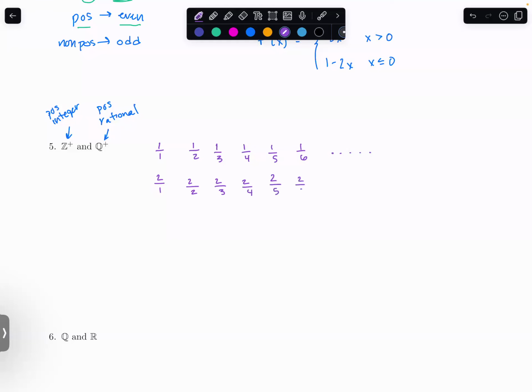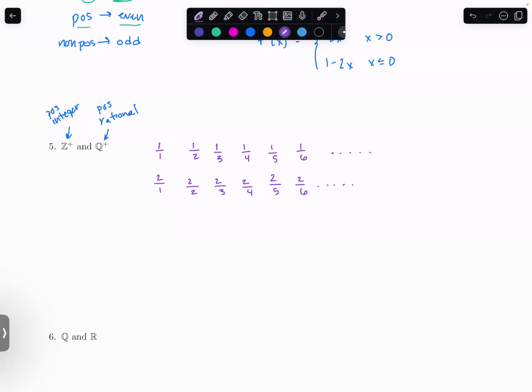Now notice I've hit some rational numbers twice already. 1/2 and 2/4 are the same. 1/3 and 2/6 are the same. This is 1, and so is this. So there's going to be some redundancy here, but if I continue this on forever, I will eventually get all positive rational numbers.